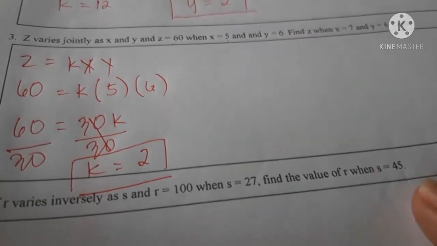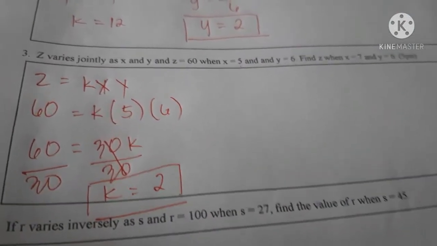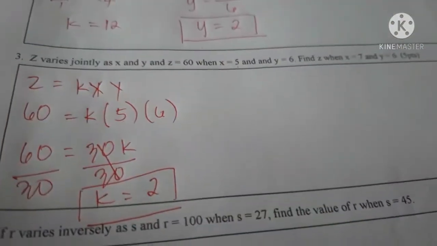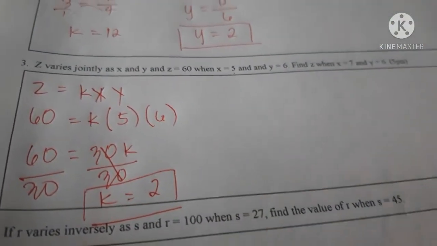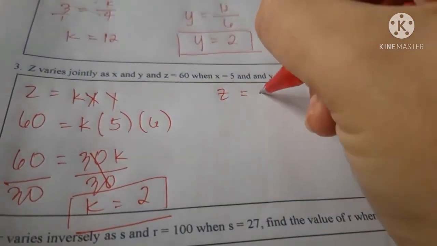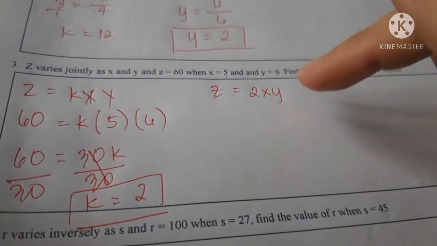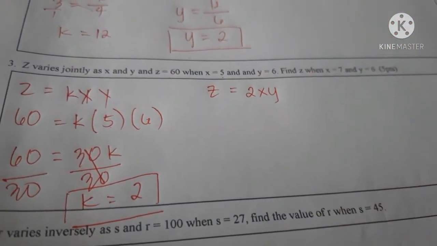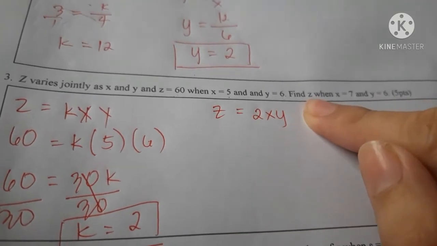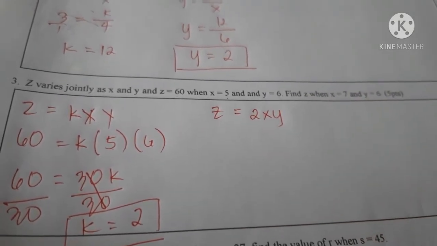And, i-substitute ta na ang constant of variation, since nakuha ta na siya, sa imo to nga mathematical sentence. So, z is equal to, ang k mo na is 2xy. Amo na sa ang imo nga equation nga paggamiton para ma-find ta naman si z when x is 7 and when y is 6.